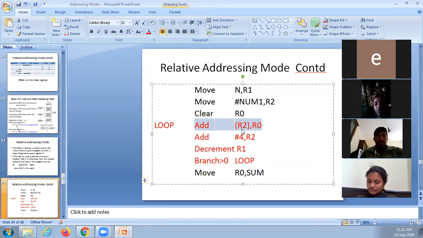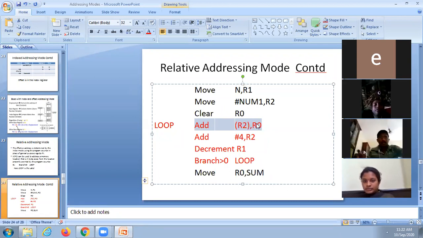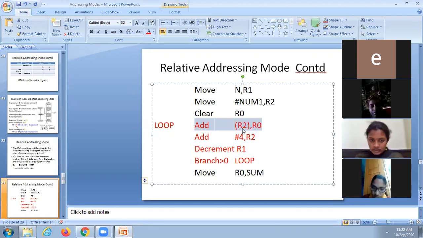This is register indirect addressing mode. You see this, but out of the brackets, one operand is direct register. The other operand, what about this? R2 contains the address of the operand or address of the data. Add within the parenthesis R2 comma R0.